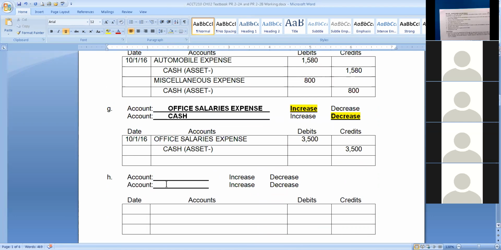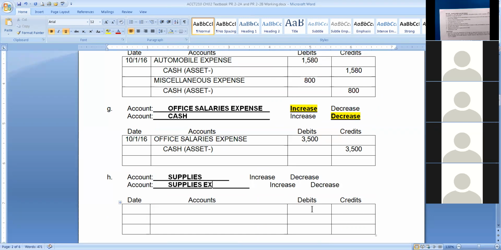So that H. Okay, so we're going to use supplies. And supplies are going. The expense is going to go up. I'm sorry, the supply expense is going up.